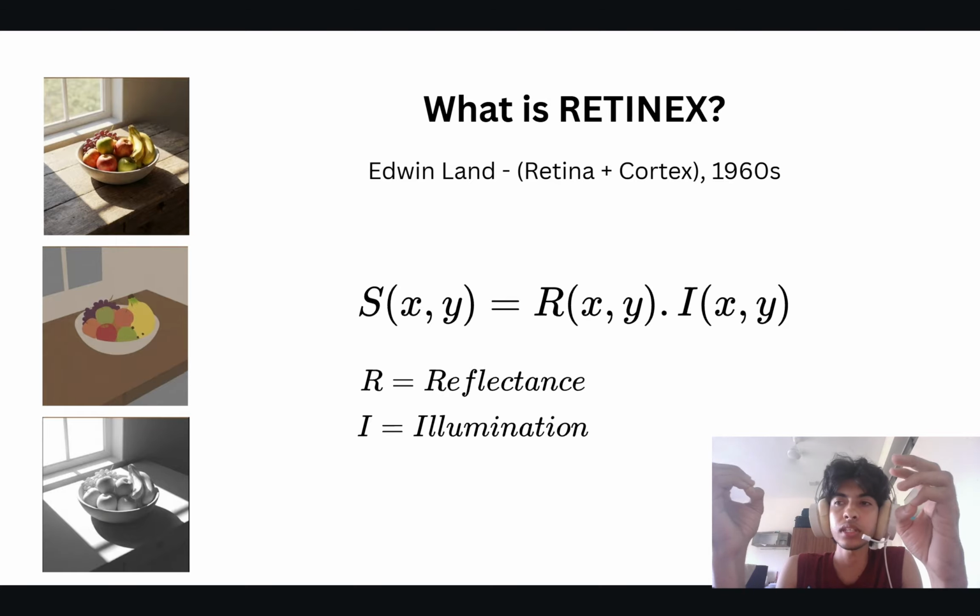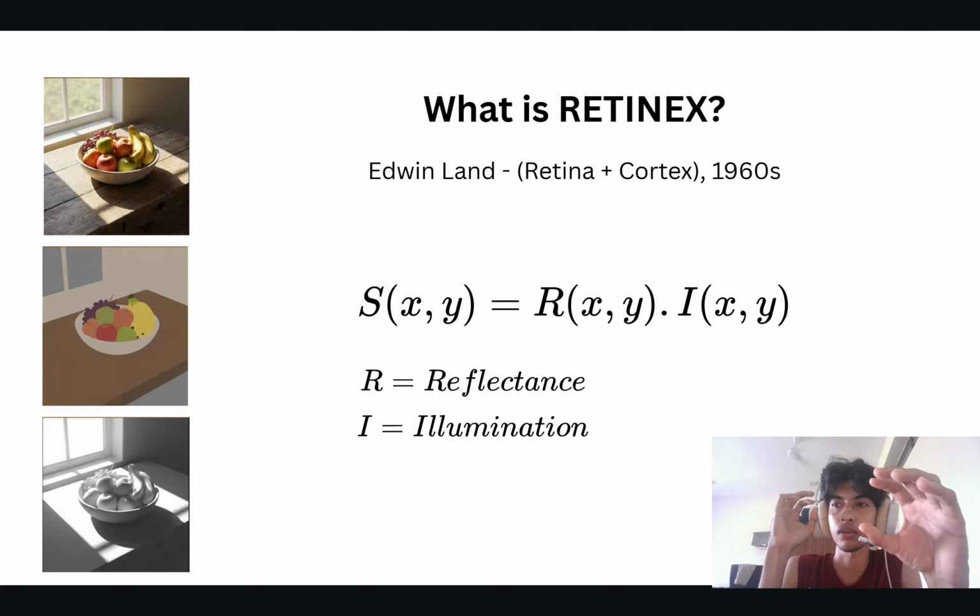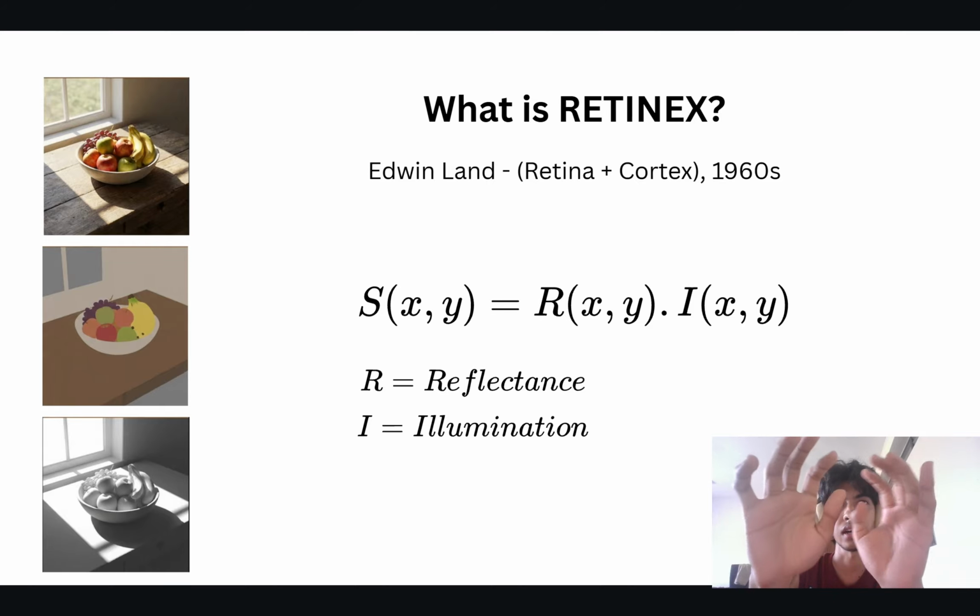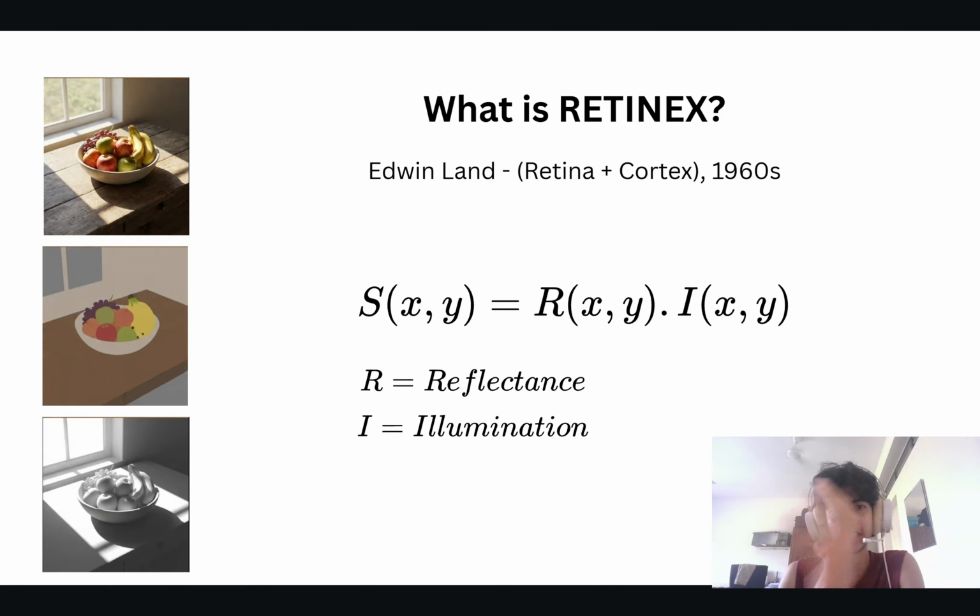So he assumed that the human eye sort of knows and predicts the difference between the light that is shown and whatever is actually present there. And he didn't know where this mental calculation was happening, which is why he termed it as retina plus cortex, as in the math he assumed to be happening there. And this equation is the exact replica of it.